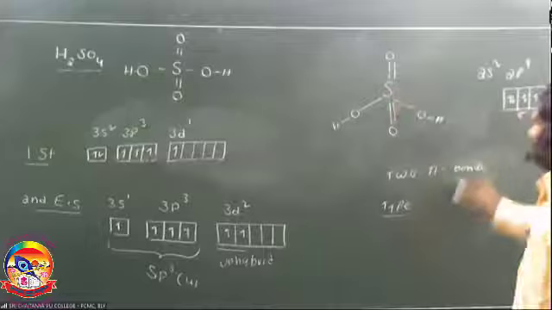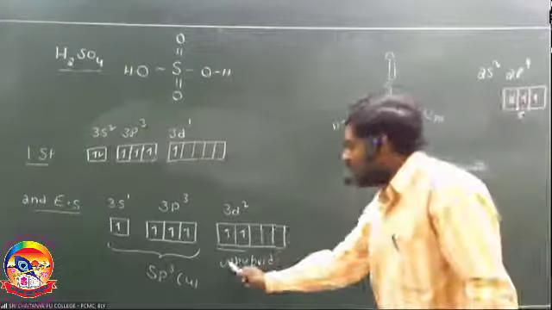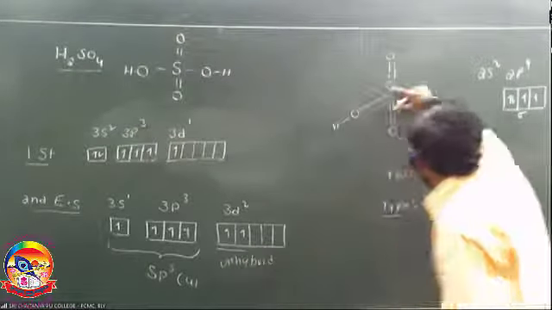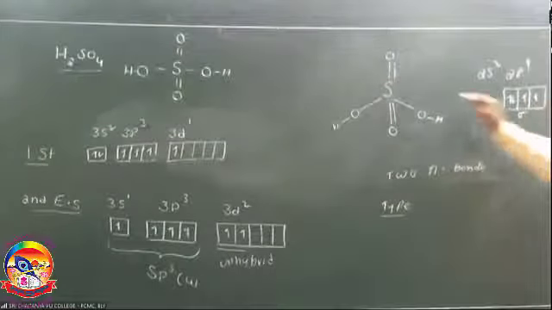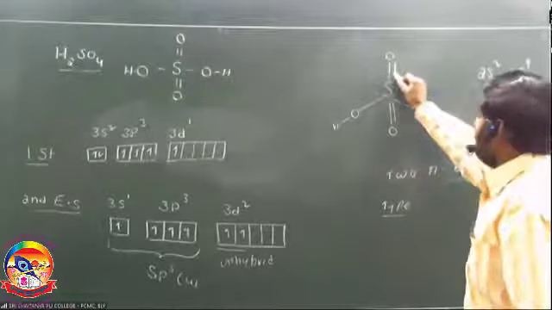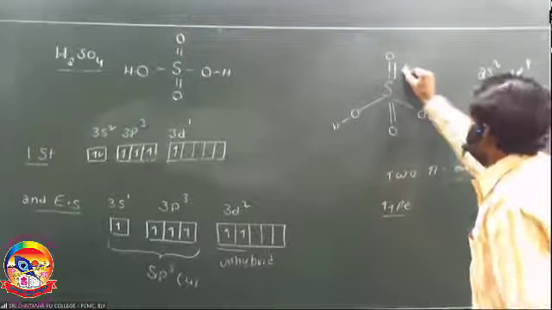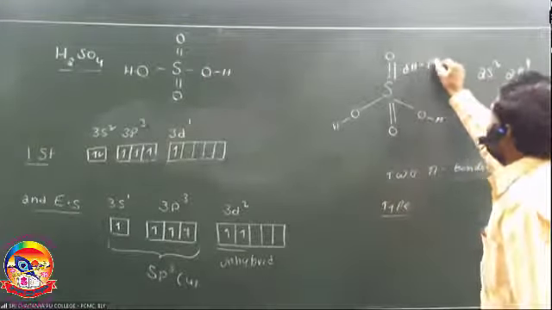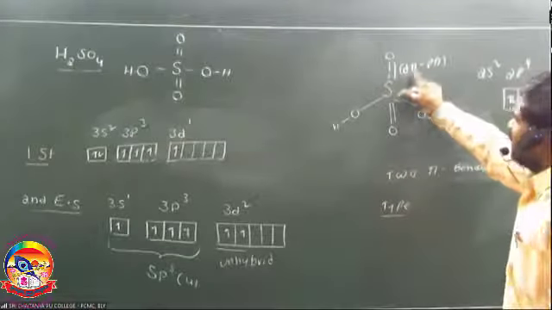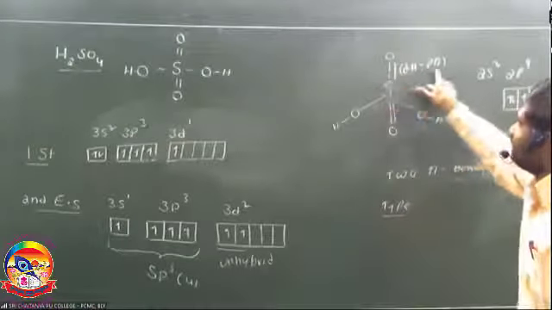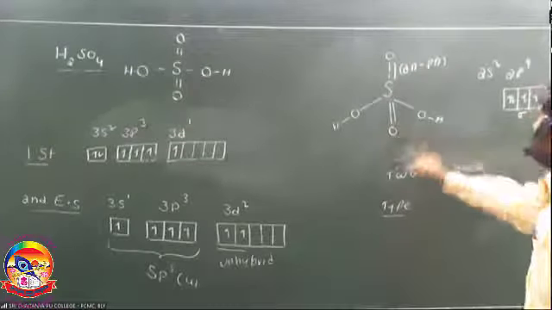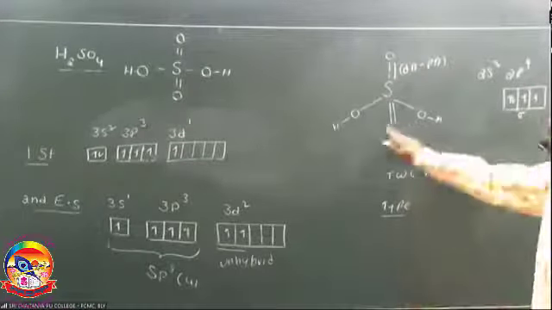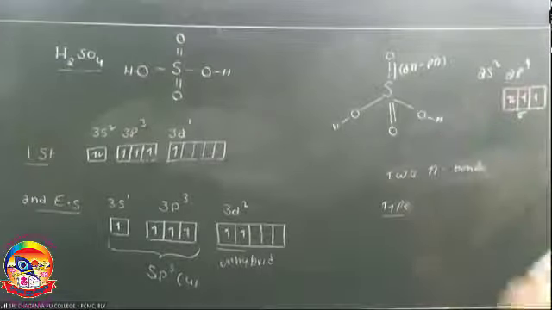In sulfuric acid, the unhybrid d orbital of sulfur is laterally overlapped with the p orbital of oxygen. Hence the type of this pi bond is d pi p pi, or p pi d pi. This other pi bond is also a d pi p pi bond. So this is the structure of sulfuric acid.